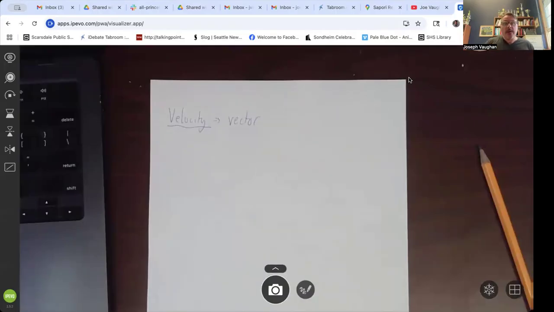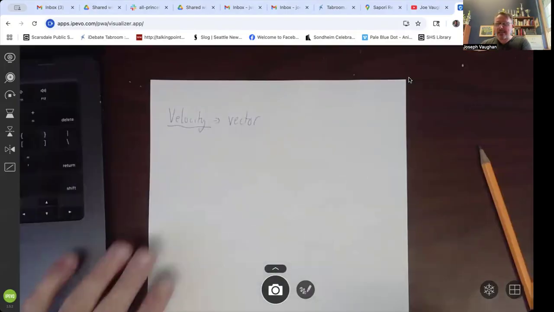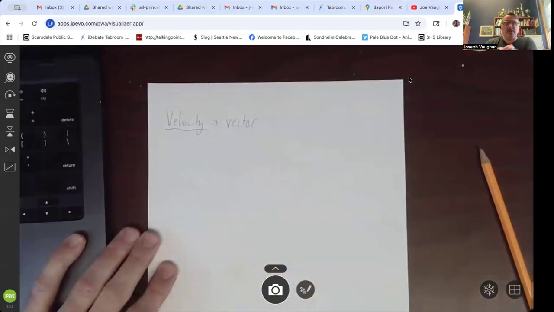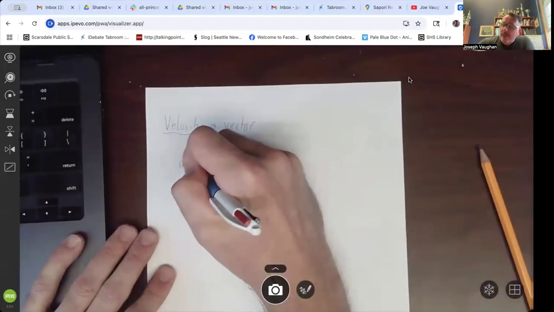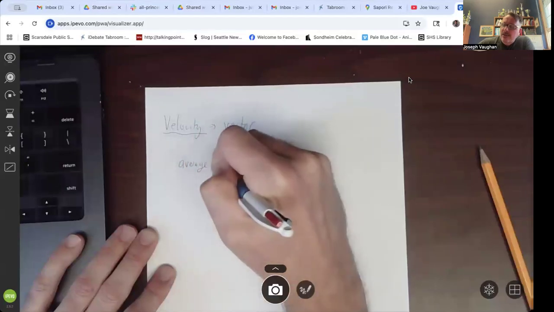So as we made the argument before when we were talking about vectors, vectors need to be based on other vectors. So we're going to do the same sort of note sequence that we did before, but thinking about how it's going to be different with velocity. And then we'll see how speed and velocity are distinct from there. So let's talk about average velocity. It's the easiest thing to talk about.